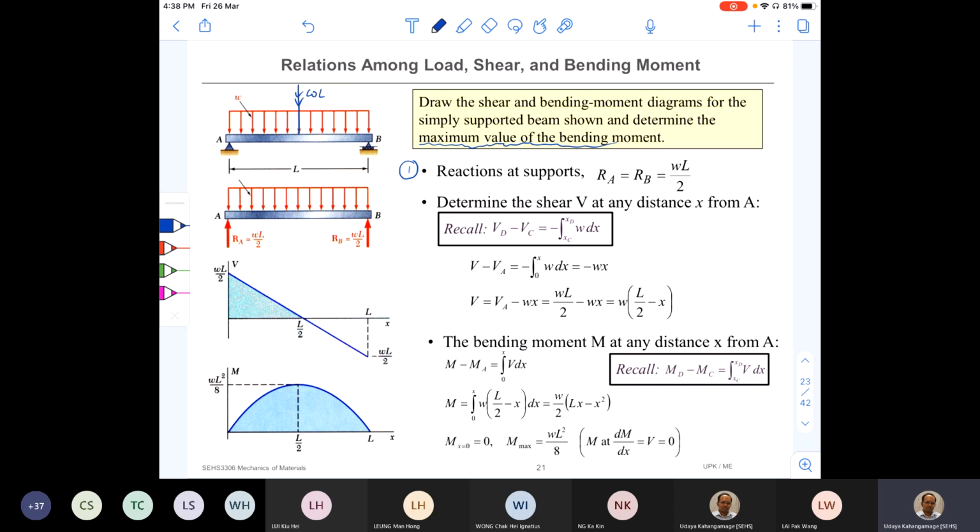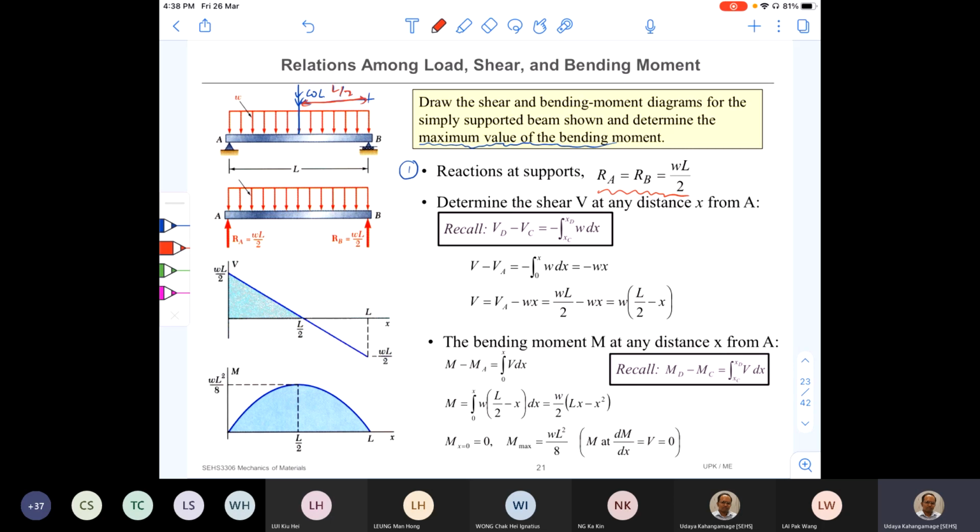And it is applied from this point to this point, at L by 2, right at the center. Therefore, the load at A should be wL divided by 2, because A and B are going to share the workload. So this is the reaction force. You can find the same thing by writing equations, but here it is not necessary.